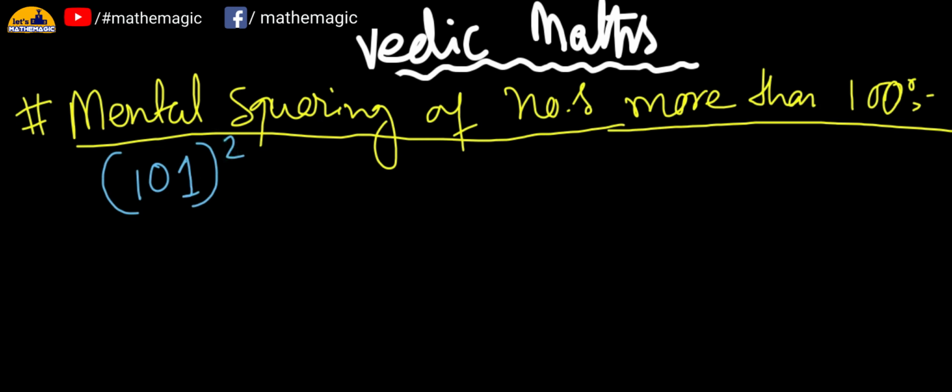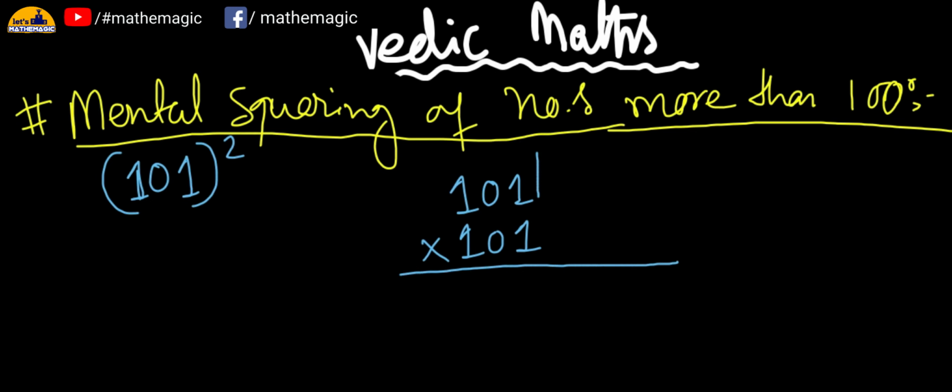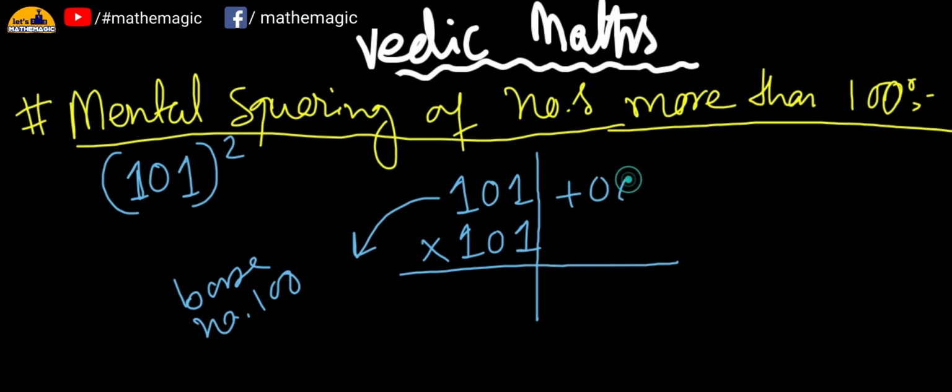So let me put it like 101 and 101 vertically. Once again, the number which is very close to 101 is 100, and 100 is a base, and 101 is greater than 100. So I am going to put plus 01 over here, and for the second one also plus 01.